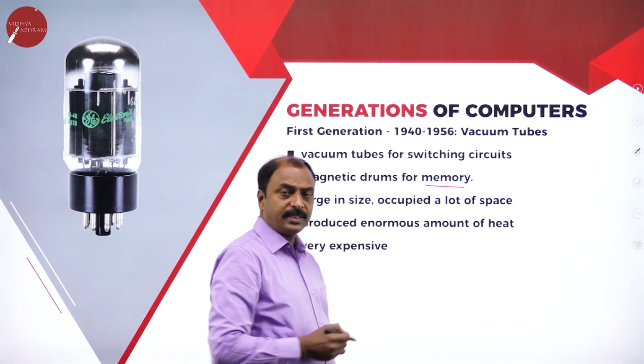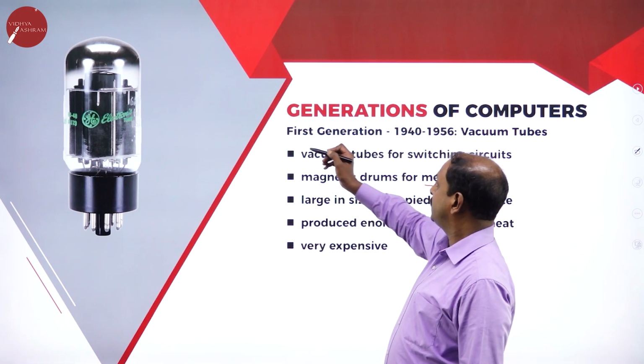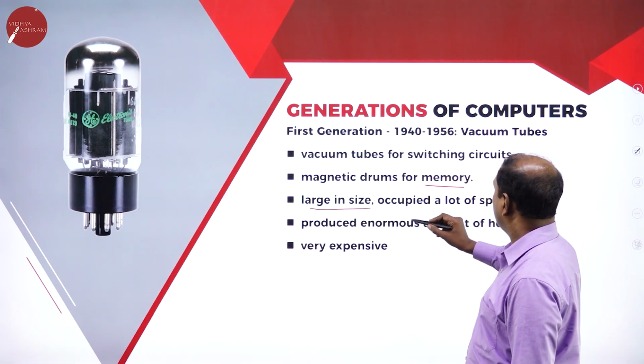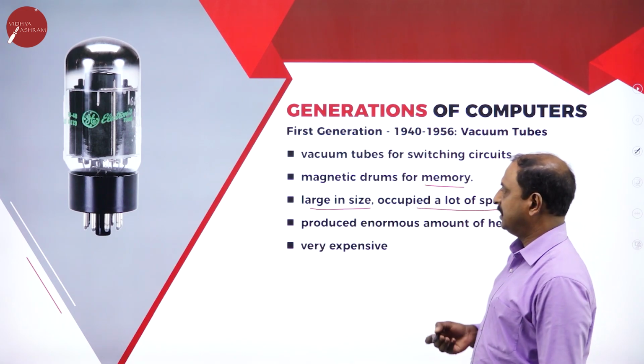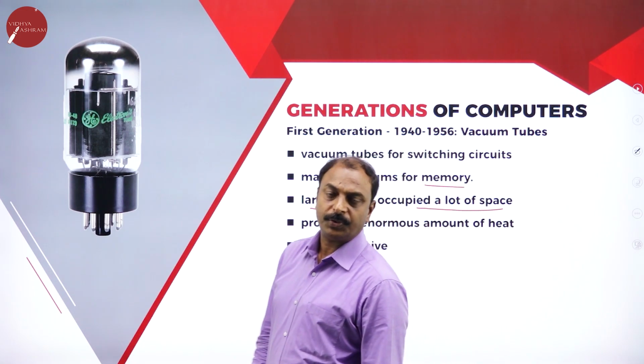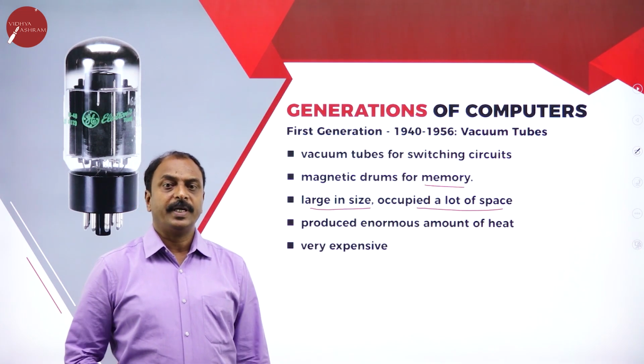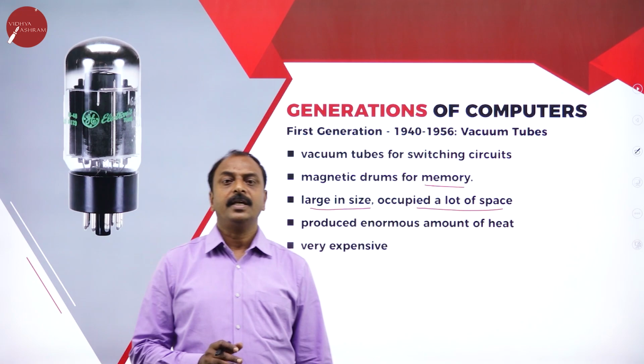And as the first generation of computers, they were very large in size and occupied a lot of space. Generally, if you talk about the first generation of computers, they were very big in size, and they used to set up a device like this in a room.